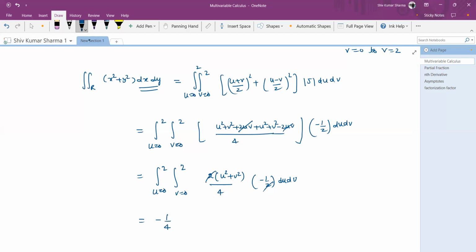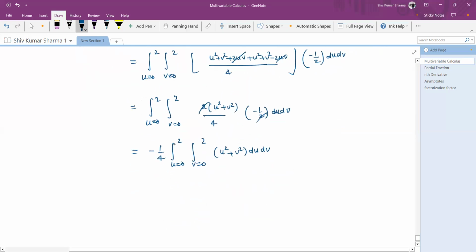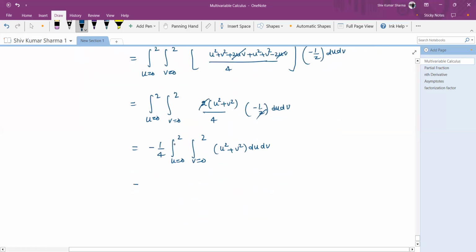Minus 1 by 4 is taken outside the integral, giving the integral of u square plus v square du dv. Both limits are constants, so we can integrate any one of them first. First we integrate with respect to v, so u is from 0 to 2, and integrating with respect to v gives u square into dv.